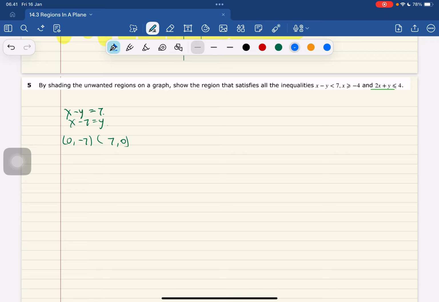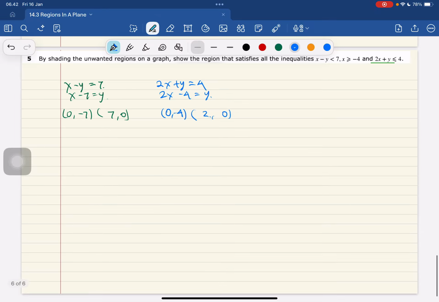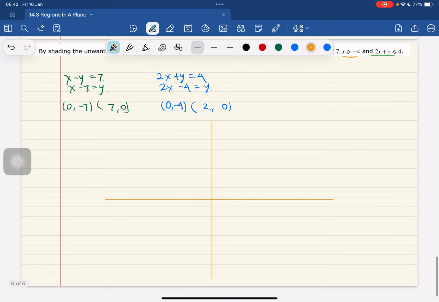Okay, next, we got 2x plus y equal to 4. So this is 2x minus 4 equal to y. So when x equal to 0, y equal to 4. And then when y equal to 0, x equal to 2. Okay, we got these 2 points. Let us draw into the graph. First, look at it. We got x bigger than or equal to minus 4.